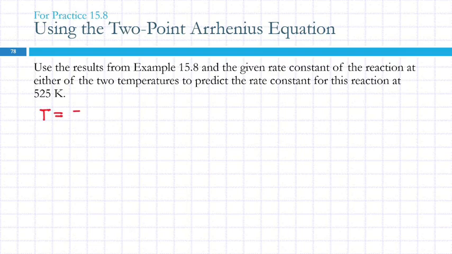Temperature, 701 Kelvin, not the rate. Rate constant at that temperature was 2.57, right? And then we need EA.